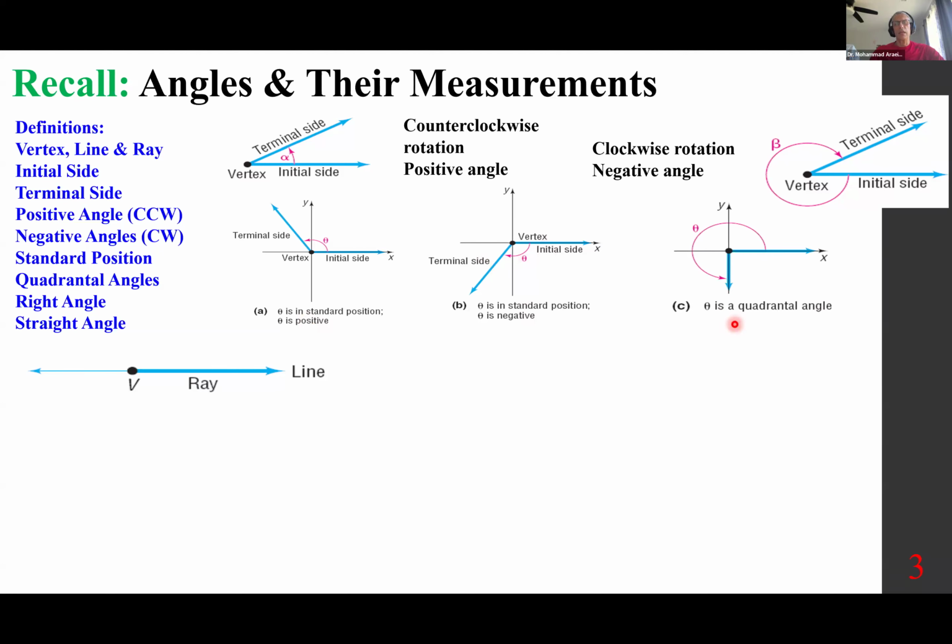Now, theta is a quadrantal angle as long as the terminal side is along the positive or negative side of the x-axis, or the positive or negative side of the y-axis. In this case, the terminal side is along the negative side of the y-axis, giving us 270 degrees.